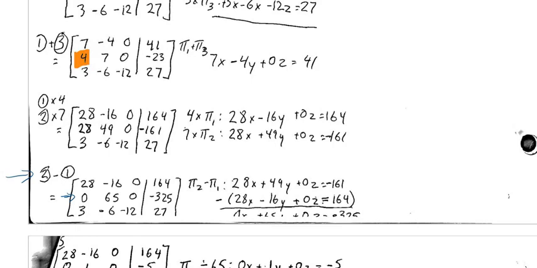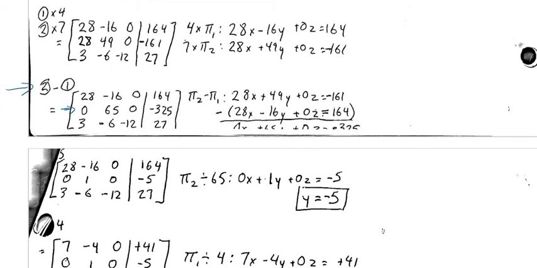And when we rewrite that, that becomes 0x plus 65y plus 0z equals -325, or 65y equals -325. So you could just divide out by 65 to help find the answer there. So that's what we're going to do next.